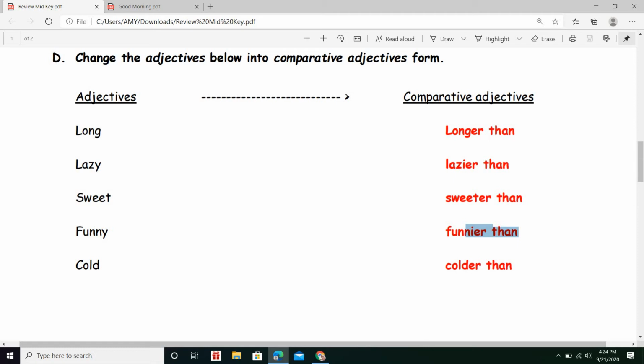So it becomes funnier than. And the last adjective, cold, we simply add er plus than and it becomes colder than. So the comparative adjective for cold is colder than.